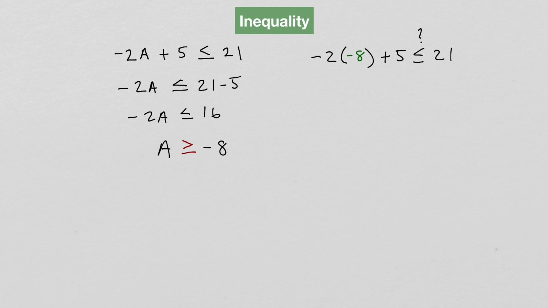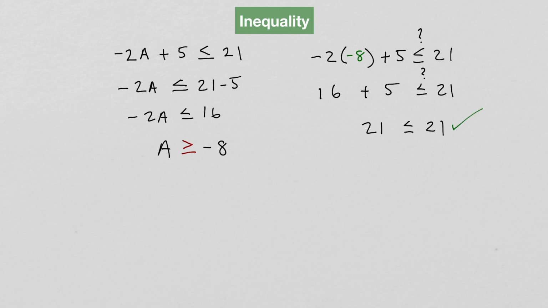Is that true? If we multiply this out, we get 16 plus 5 less than or equal to 21. 16 plus 5 is 21, and therefore 21 is less than or equal to 21. Okay? So that checks out.